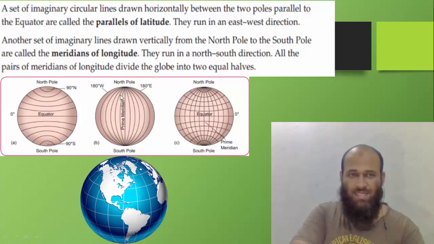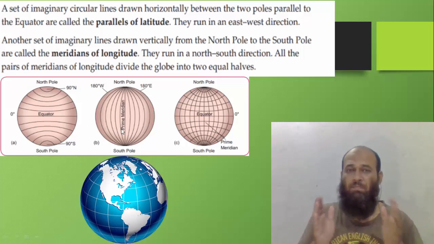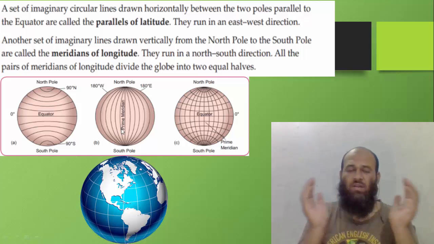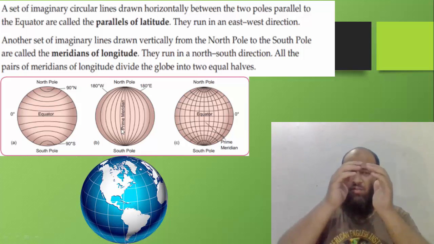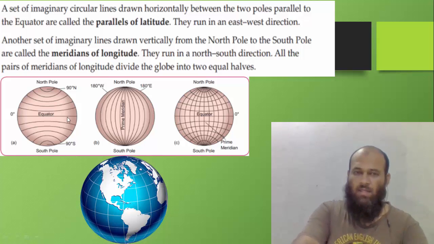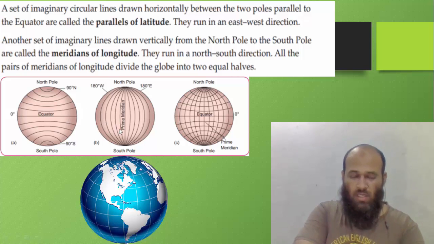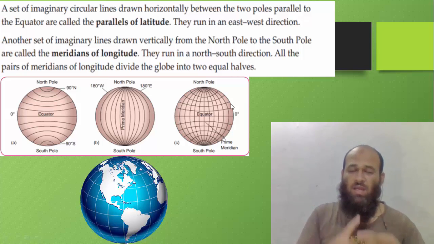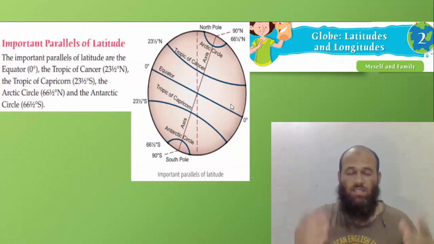But these meridians of longitude are not parallel to each other because they meet each other at the North and South Pole. Thus, when you join these two diagrams into one, where you can see all the latitudes and longitudes crossing each other, that forms our grid.